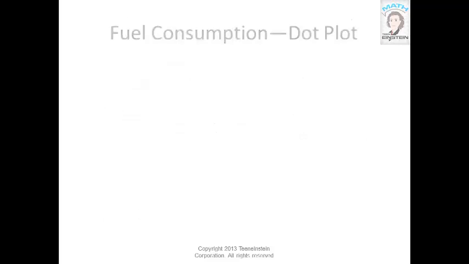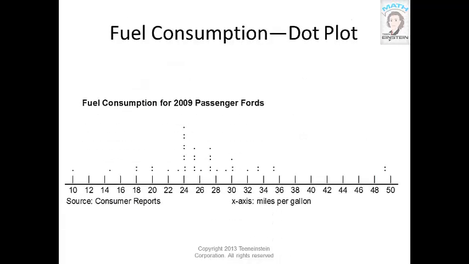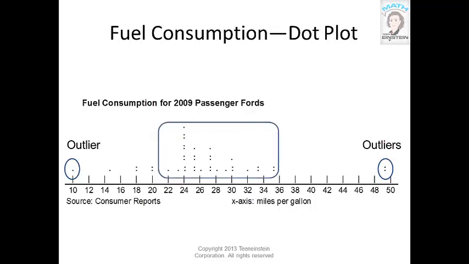Look at this diagram. In this diagram, you can see the outliers. These are the two outliers, 10 and 49. This is a cluster, but actually a big cluster. Within it there are many small clusters.